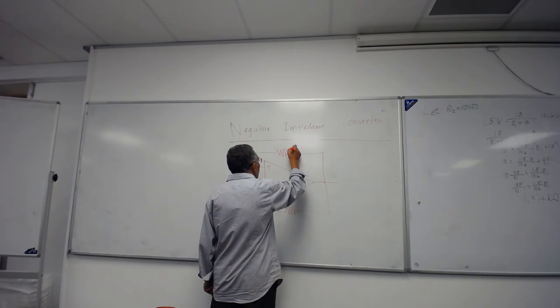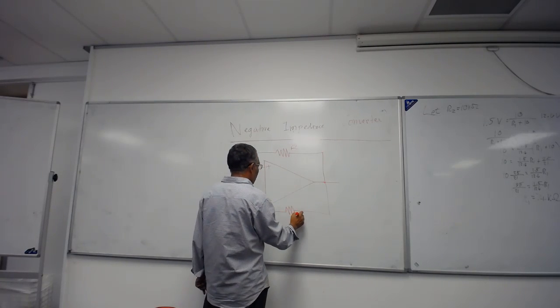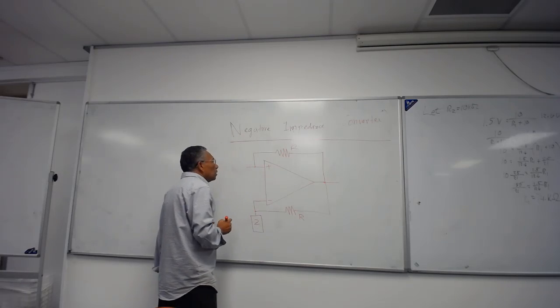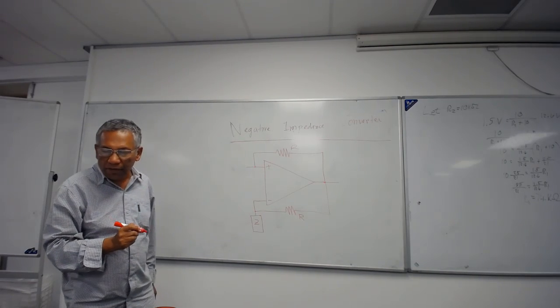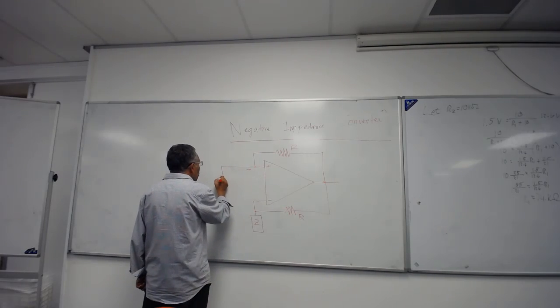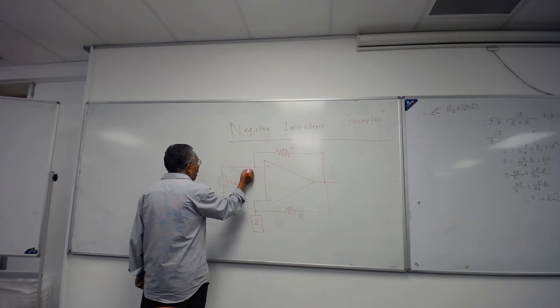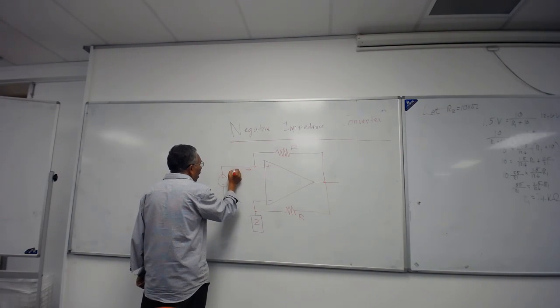This we call R, and this is of equal value. We also call this R. And we have input here, and we apply a source here. And looking into this terminal, we have an input current I.